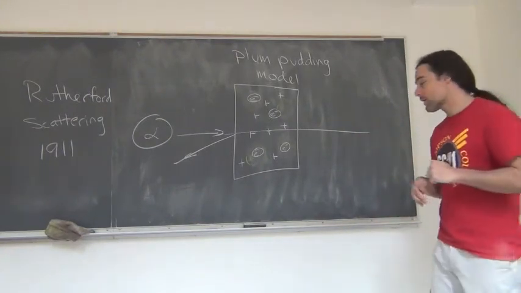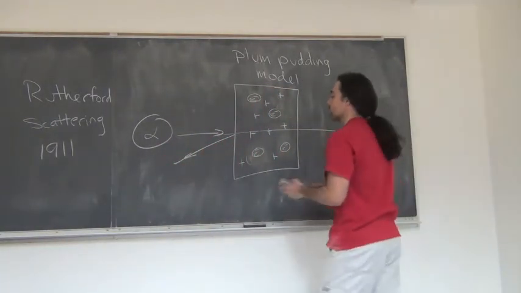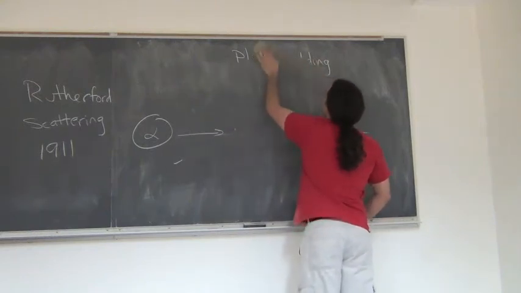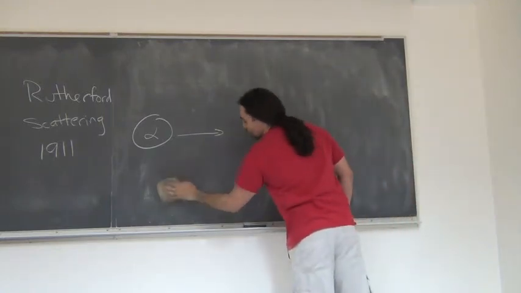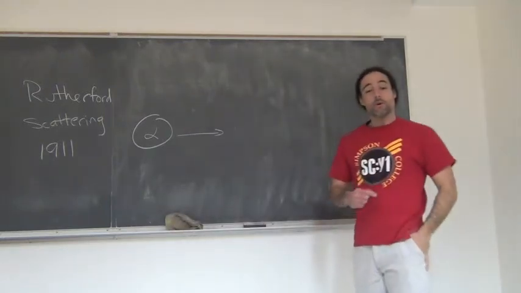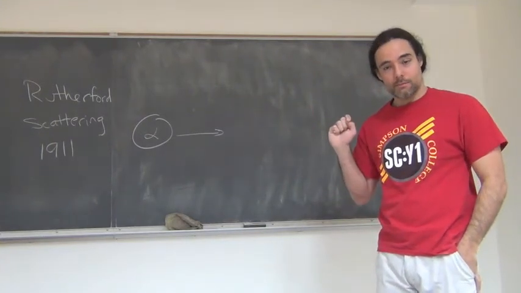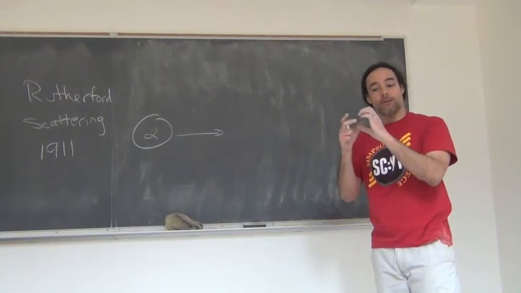However, what Rutherford was smart enough to deduce was that the plum pudding model wasn't quite the right picture. Because the only way an alpha particle would bounce back 1% of the time is if you had a very massive particle somewhere in the material. And that very massive particle had to be very small spatially.